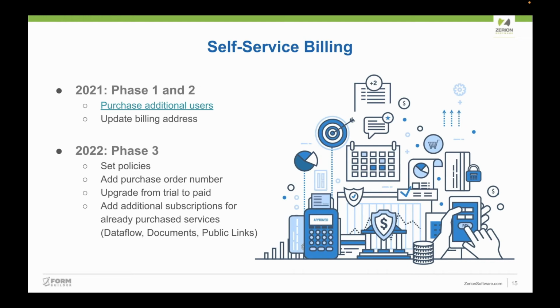If you're on your own private database, then server admins have this ability. What we found is this really speeds up the process. Instead of having to reach out to your CSM and them sending you an order form, you signing it, sending it back, us putting it in a system, you having to wait, this will all happen in real time. You can buy your users, and the users will get added immediately. So it really speeds up the process.